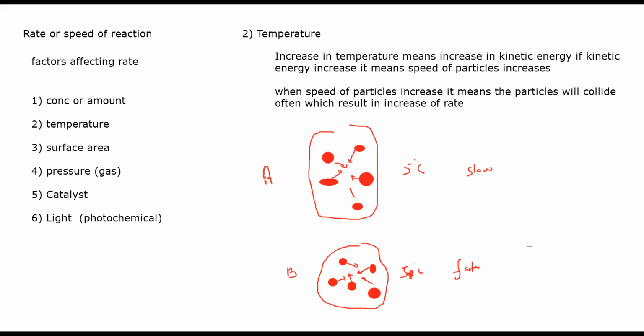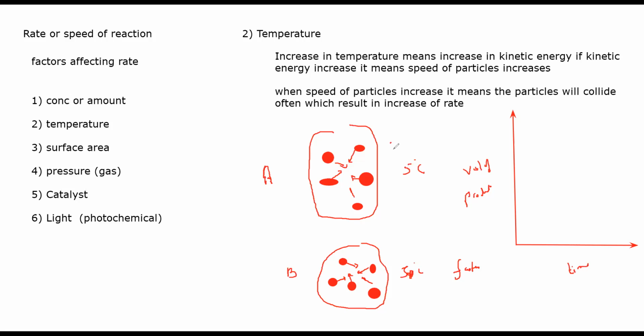So if I want to sketch a graph to show the amount or volume of product with time, for the reaction at 5 degrees centigrade and the reaction at 50: on the y-axis we have volume of product, and on the x-axis we have time.